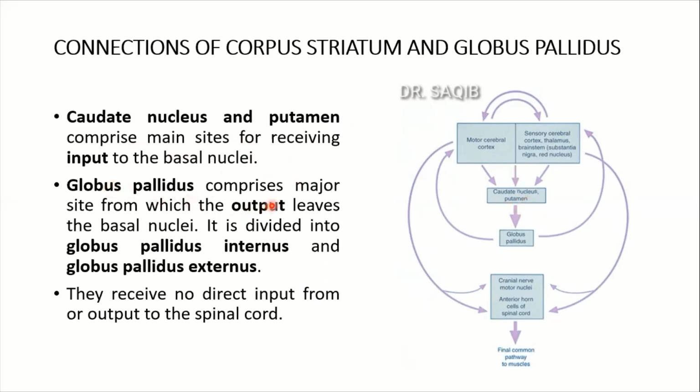The globus pallidus comprises the major site from which the output leaves. The output is divided into globus pallidus internus and globus pallidus externus, two parts. They receive no direct input from or output to the spinal cord. I told you already, right?